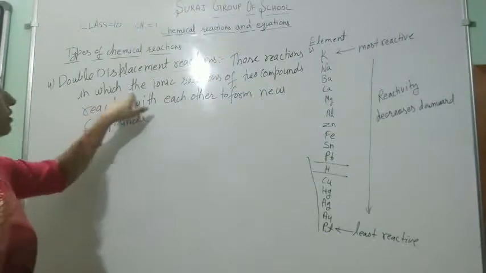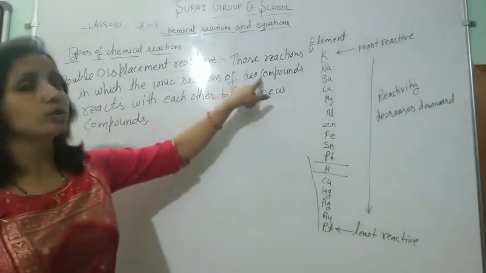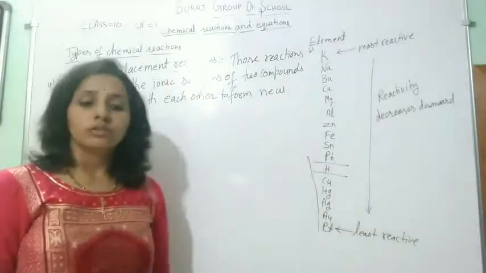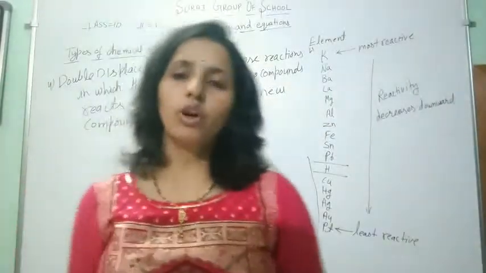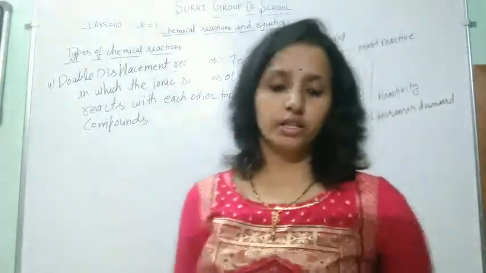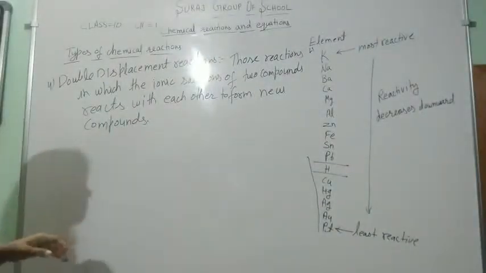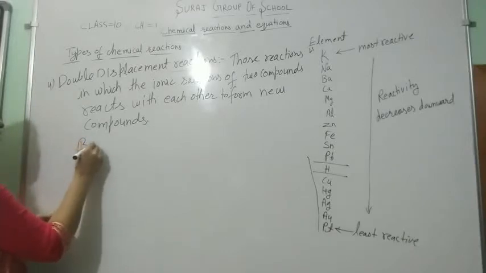Those reactions in which the ionic solutions of two compounds react with each other to form new compounds are called double displacement reactions. We can take an example of this type of reaction, such as barium chloride.